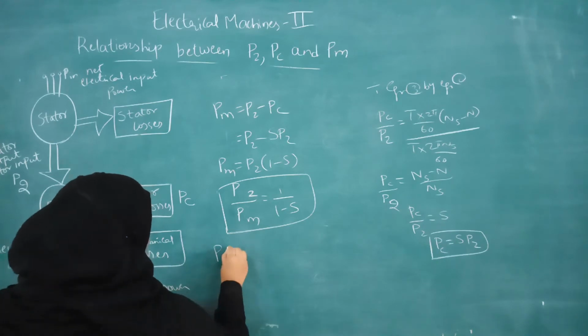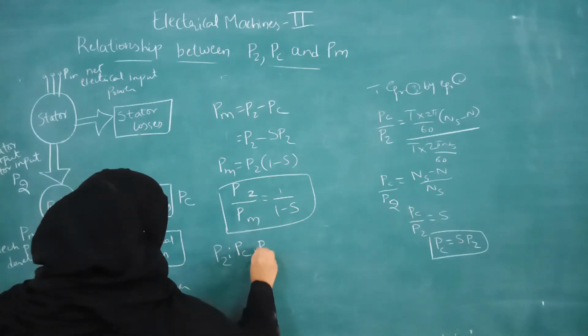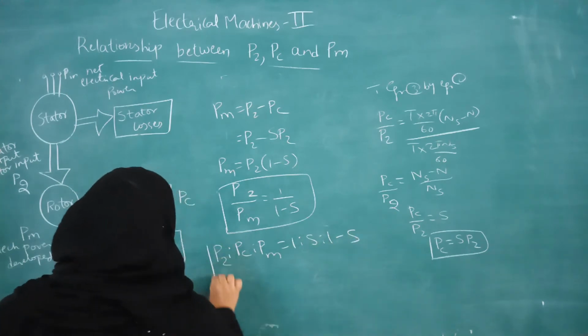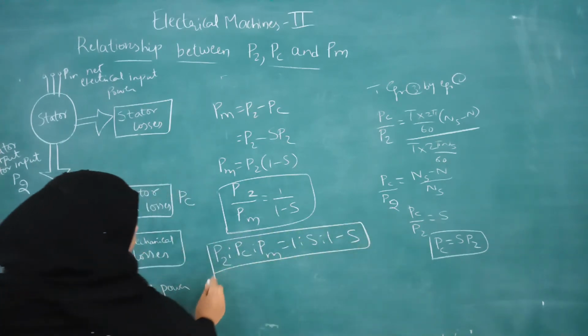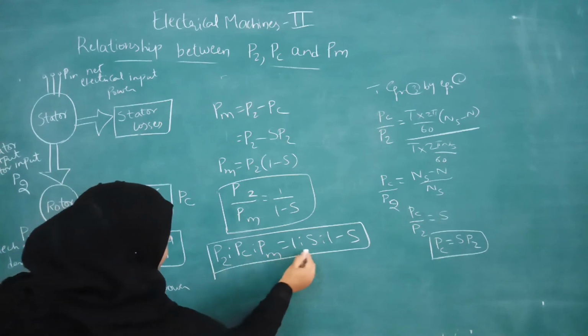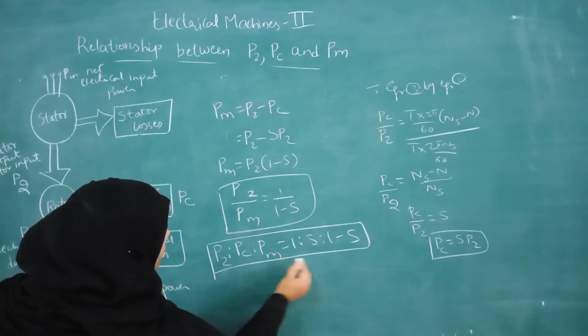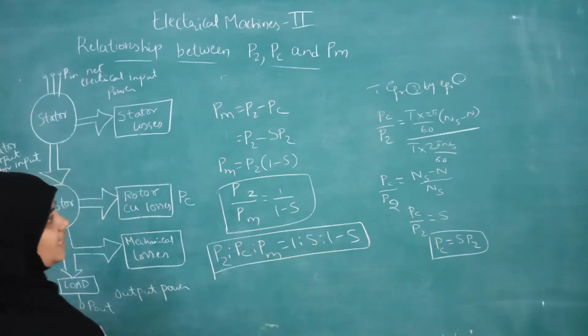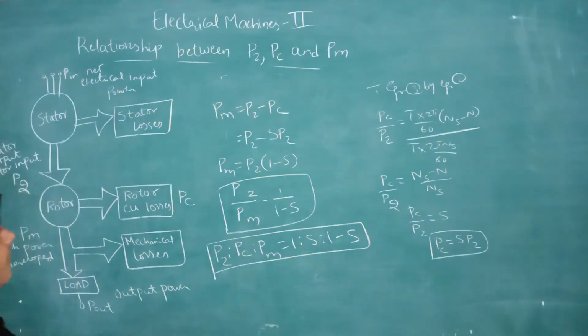The ratio between P2, PC and PM as 1 is to S is to 1 minus S. What does this mean? P2 by PC is 1 by S. PC by PM is S by 1 minus S. P2 by PM is 1 by 1 minus S. So we can use this equation to solve the problems.